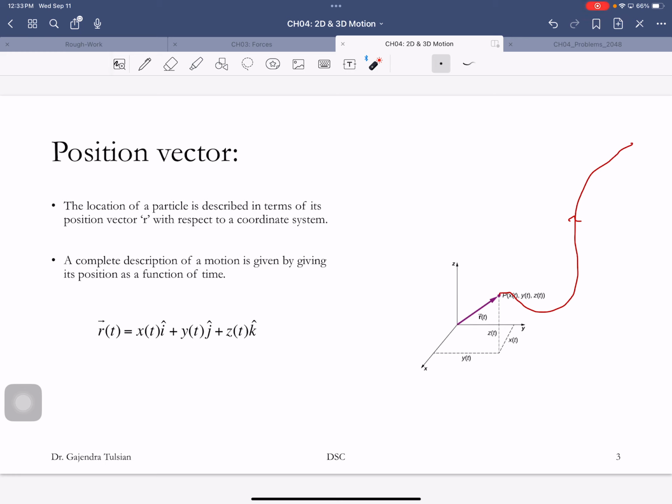So for instance, you wanted to calculate the velocity at any given time. You saw that the velocity at any given time was the time rate of change of the position.